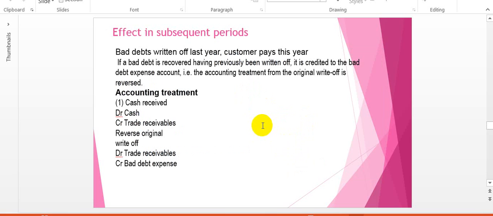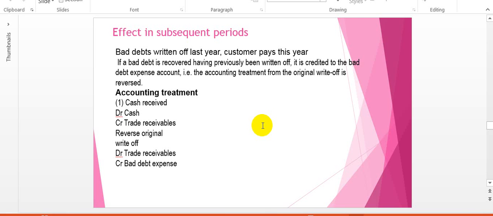We now look at various aspects of where questions may come from in the exams. First, we look at effects of subsequent periods.